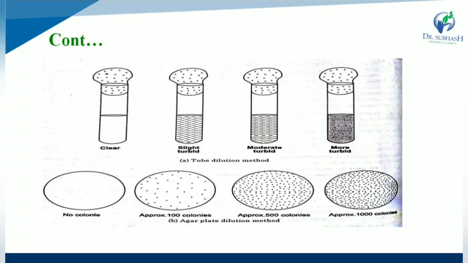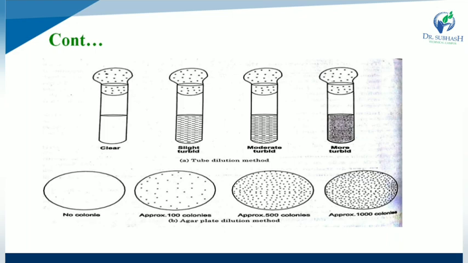So that is the first figure, the tube dilution method, while the second one is the agar plate dilution method. In the tube dilution method, nutrient broth is used, the chemical agent is incorporated into the nutrient broth, and microorganisms are added. First, a clear solution means no colonies are formed.